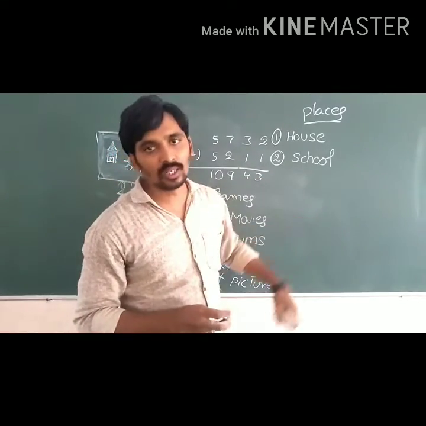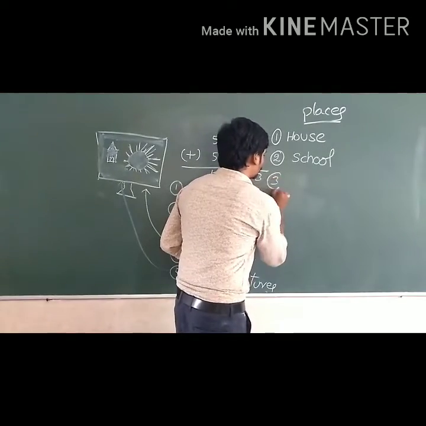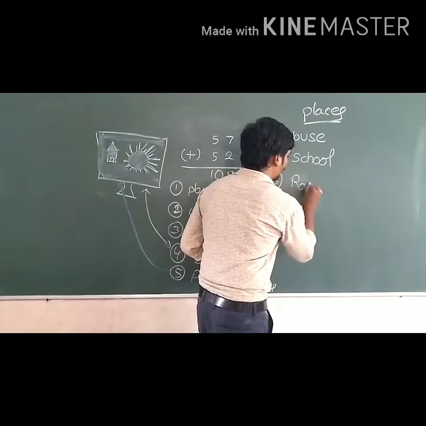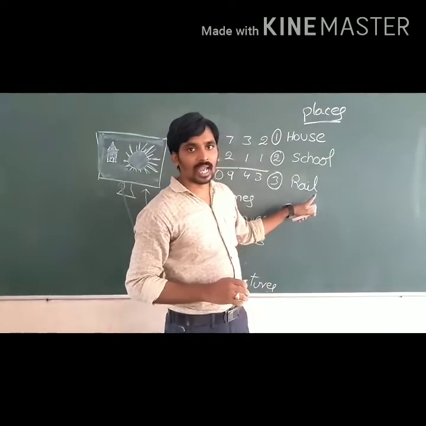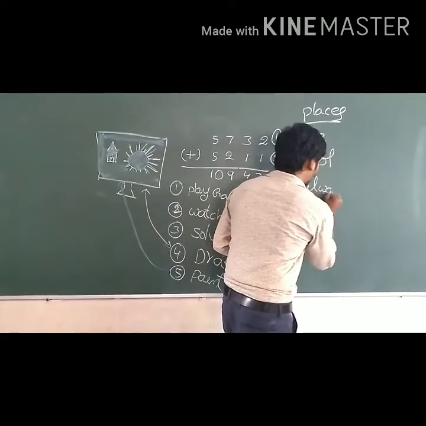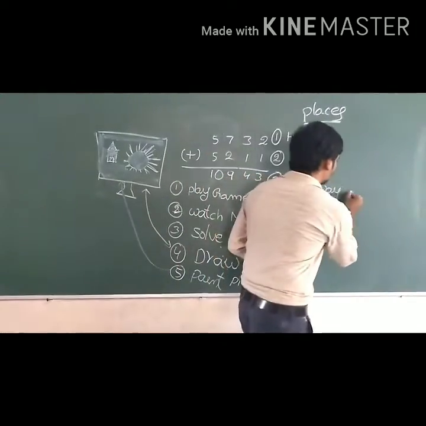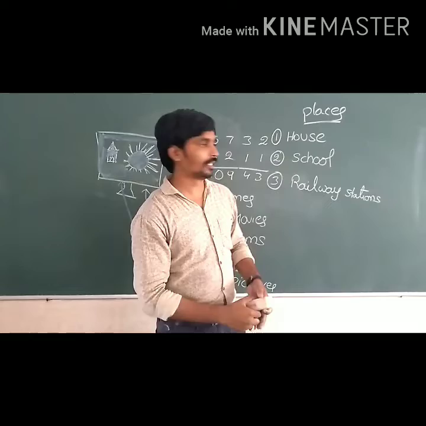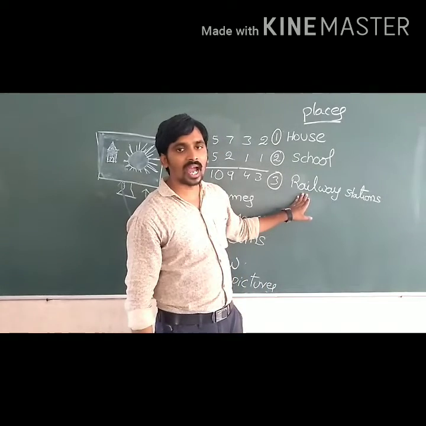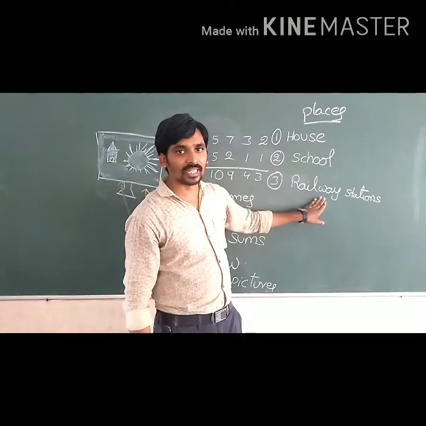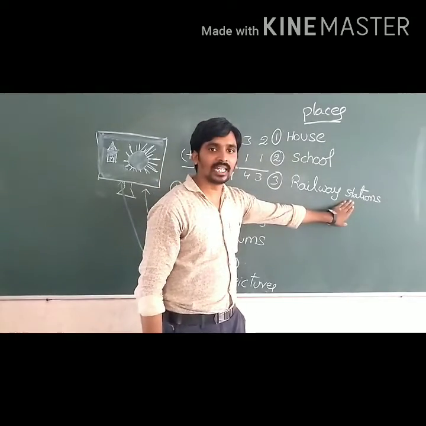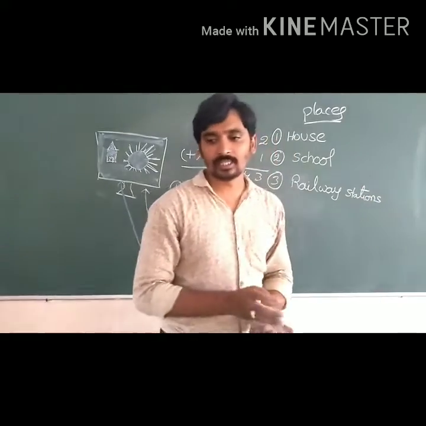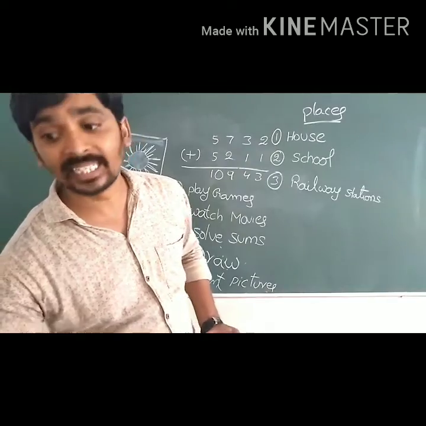Which one? School level. Third one is railway station. Which one is in railway station? R-A-I-L-W-A-Y, railway station. S-T-A-T-I-O-N, station. You observe the railway station and you take the ticket counter.